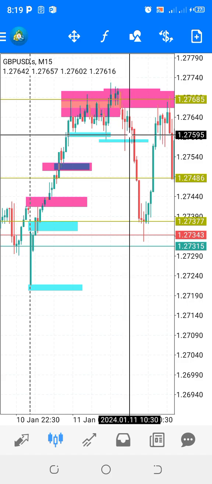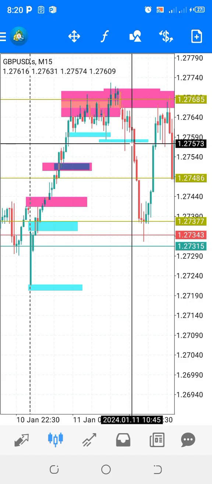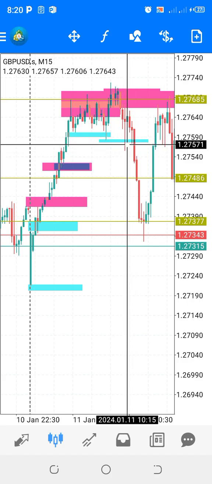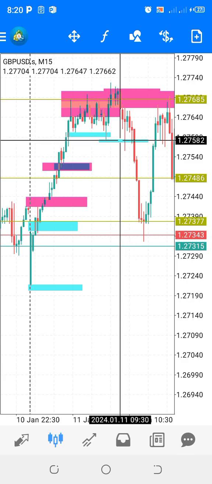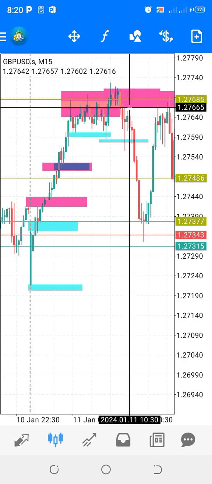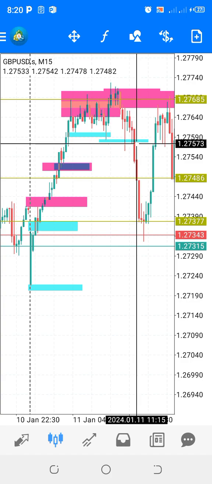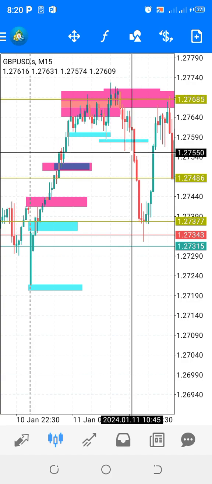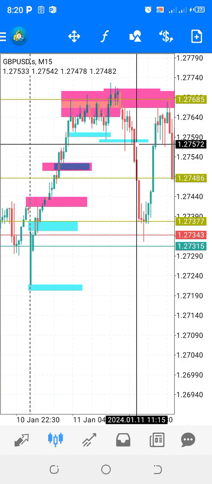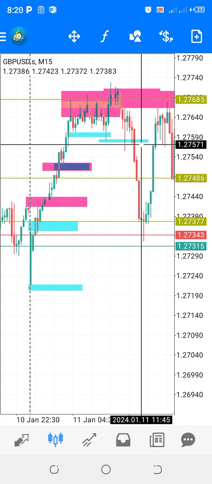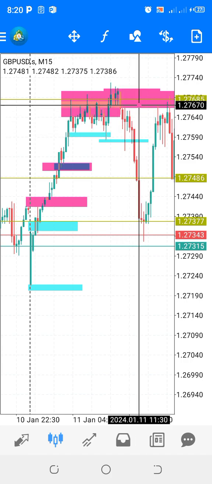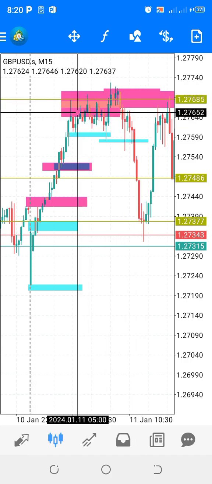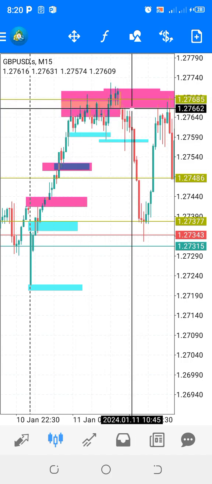Now, when the level breaks, you find a new entry because the level has broken, okay? While your previous correction entry has been exited. Now, that is an entirely new event, different from what happened during the correction, because the impulse could be very long.